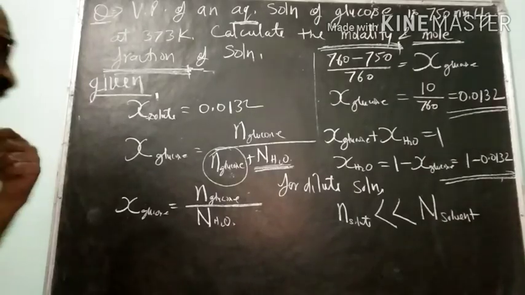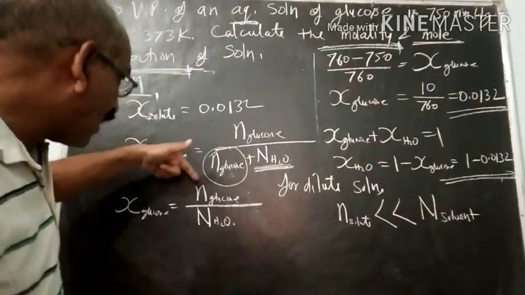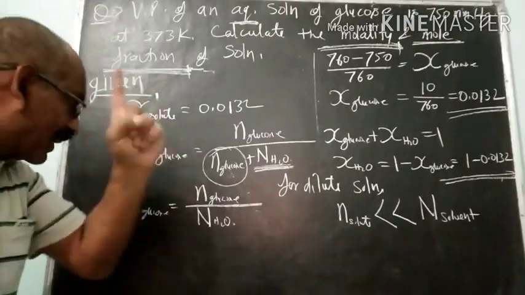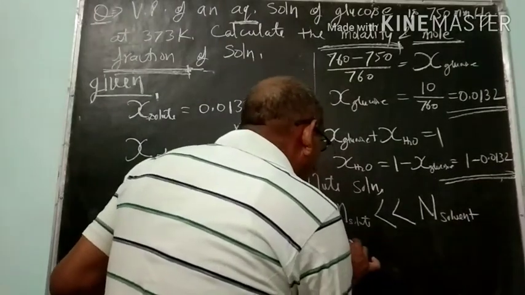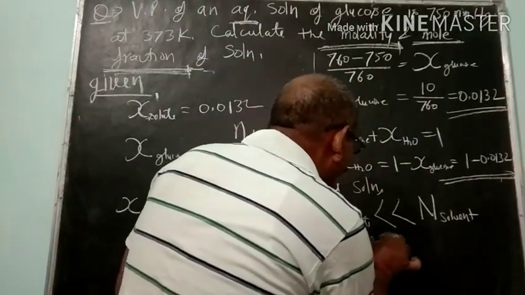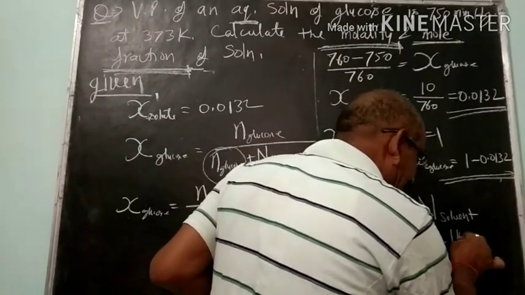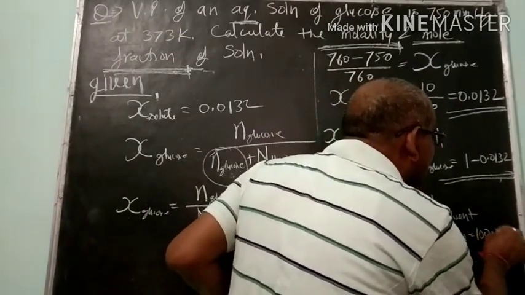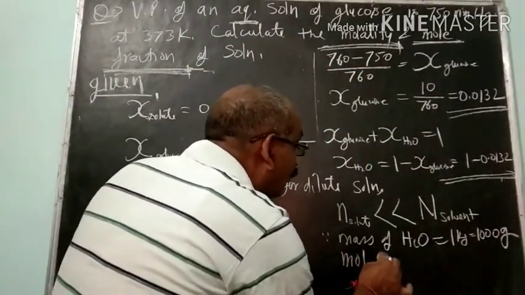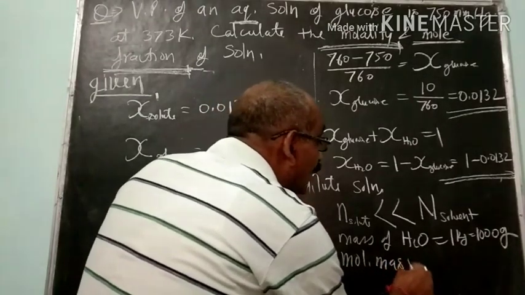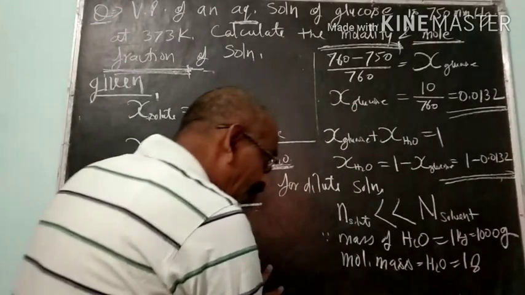As the definition states, molality is the number of moles of glucose dissolved in 1 kg of solvent. Since the mass of solvent H2O is 1 kg, it is considered 1000 gram, and you know the molecular mass of water is 18.